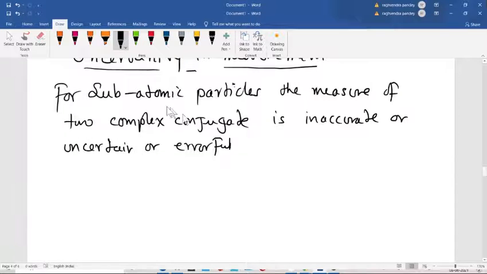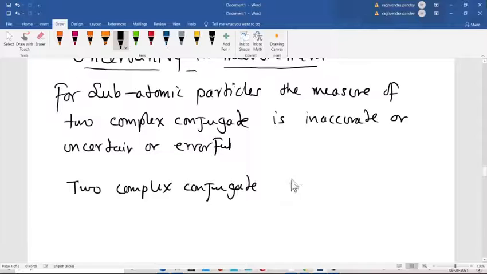Complex means they are joined to each other. Conjugate means there is a pair like that. Basically, they are two physical properties that are joined and cannot be separated. So at the level of 11, 12, we have to study two complex conjugates.